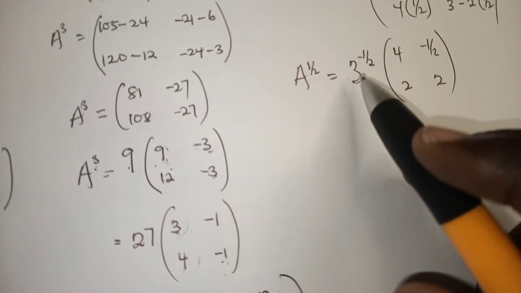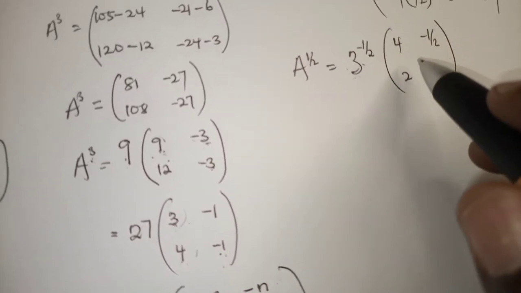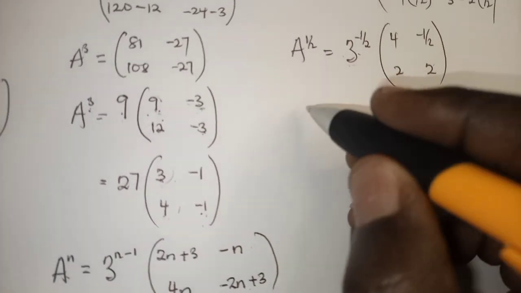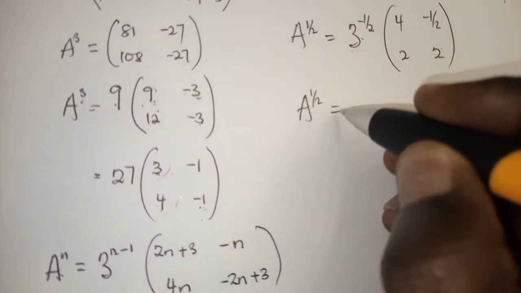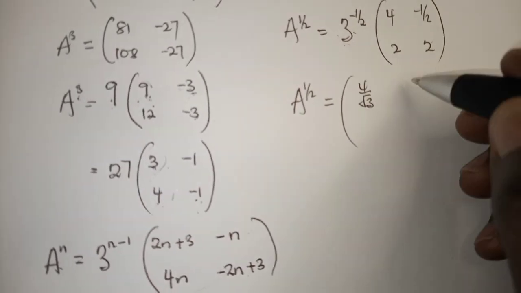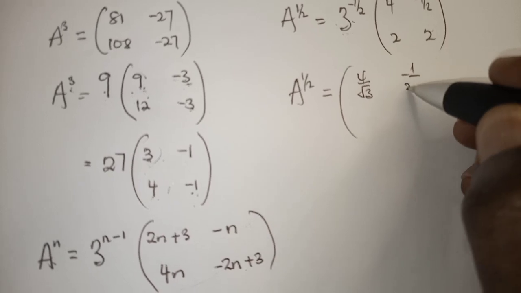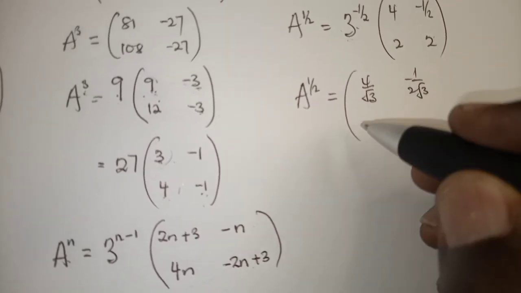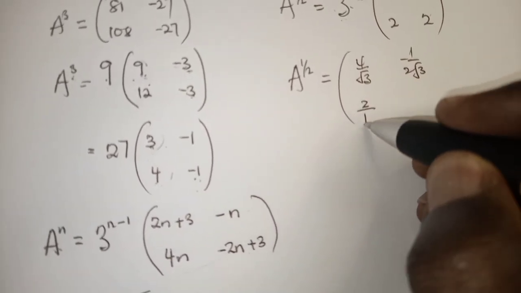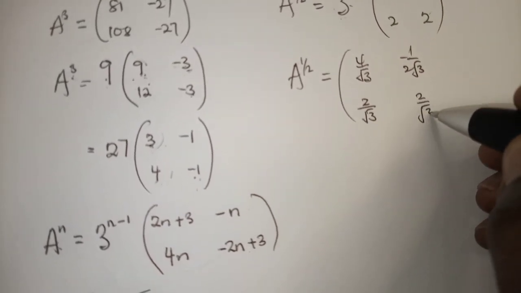So using 1 on root 3 to multiply all the entries here, we'll have A half equals 4 on root 3, negative 1, 2 on root 3, 2 on root 3, then 2 on root 3.